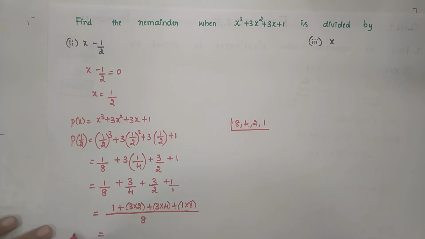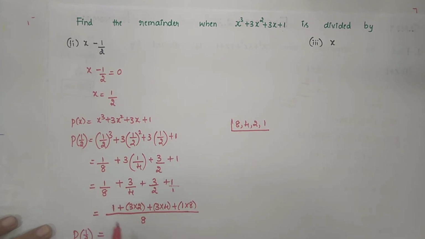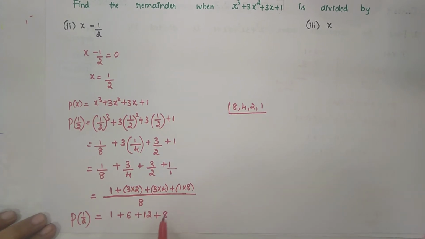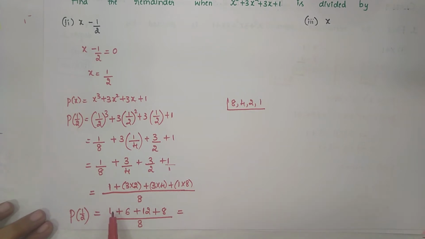So we get P of 1 by 2 is equal to, in the numerator we have 1 plus 3 into 2 is 6, plus 3 into 4 is 12, plus 8 into 1 is 8, divided by 8. So we have 1 plus 6, 6 plus 12, 12 plus 8. 12 plus 8 is 20, 20 plus 6 is 26, 26 plus 1 is 27.